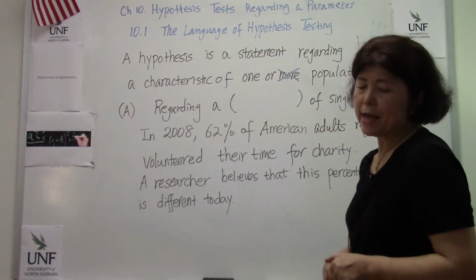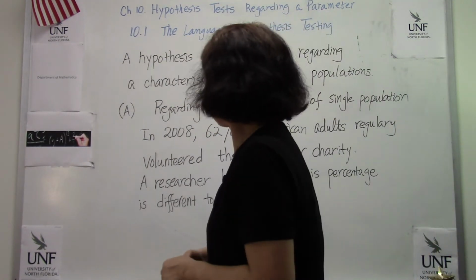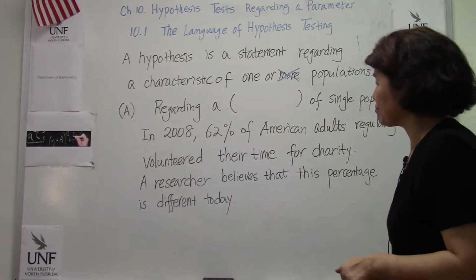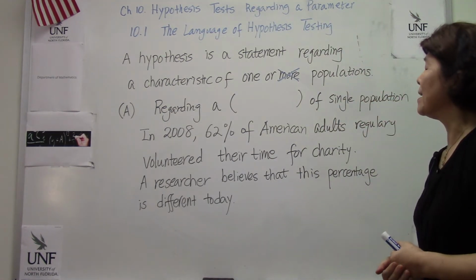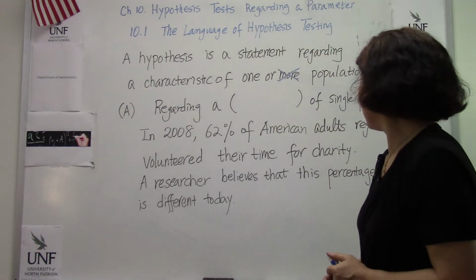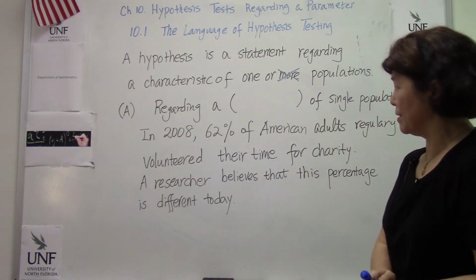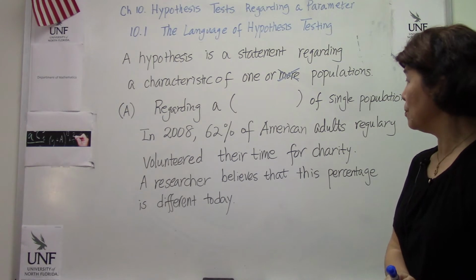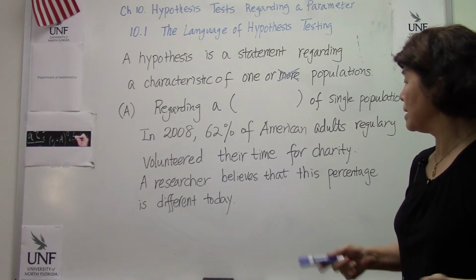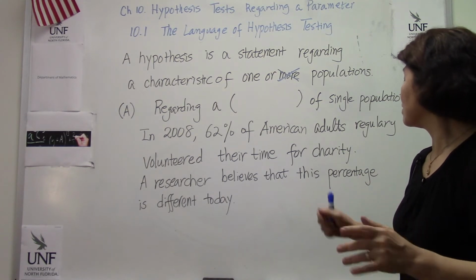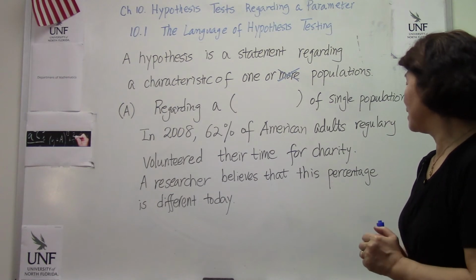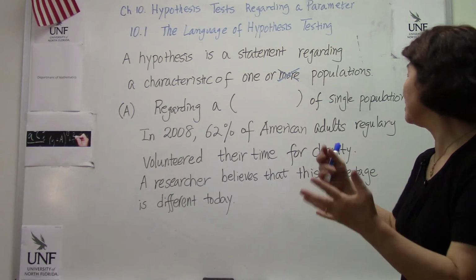So here is our example A. In 2008, 62% of American adults regularly volunteered their time for charity. Of course, some group took a survey of American adults so that they concluded that way.